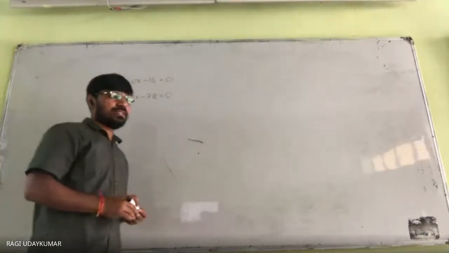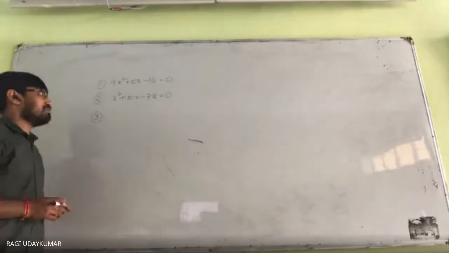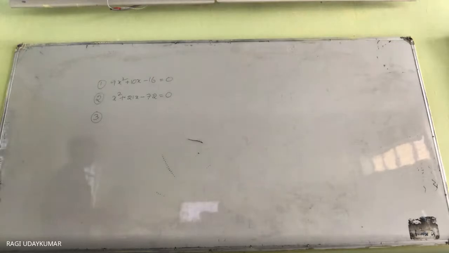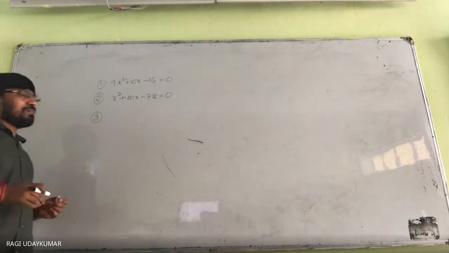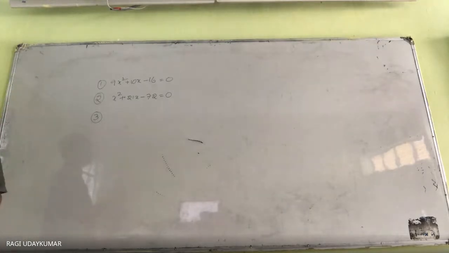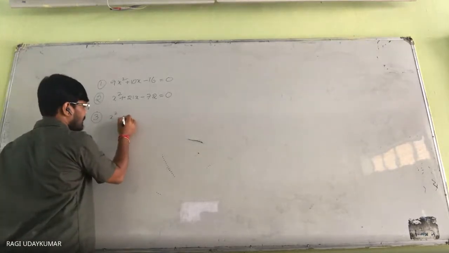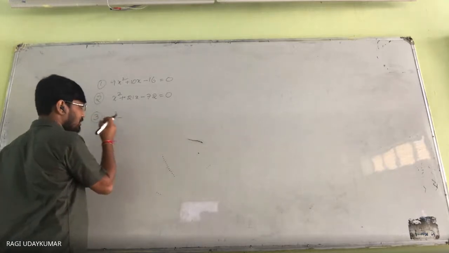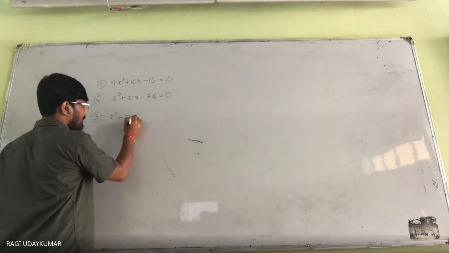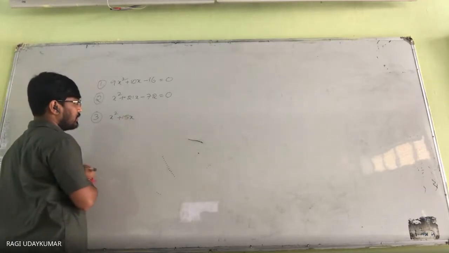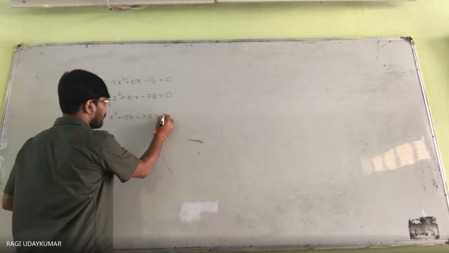What is the second question? It is not clearly visible. Yes, sir. Is it audible to you? x square plus 21x minus 72 is equal to 0.